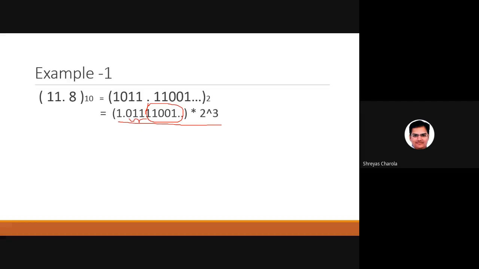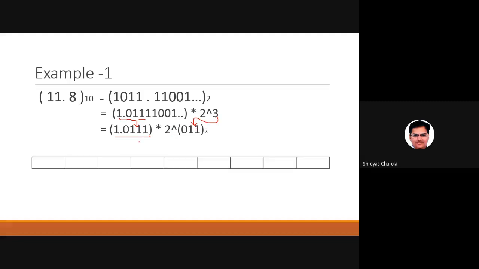So 3 bits means maximum I can go up to 111. Now I am writing the value like this. I have this, from this I got this, and 2 raised to 3 is converted into a binary. Now let us try to fit the bits. What is the first? The sign. The number is positive, so write down 0.